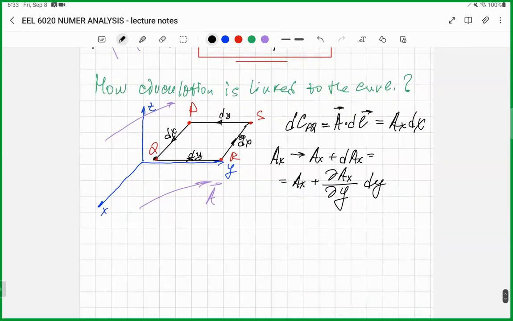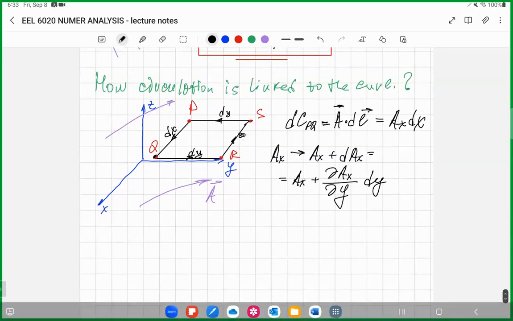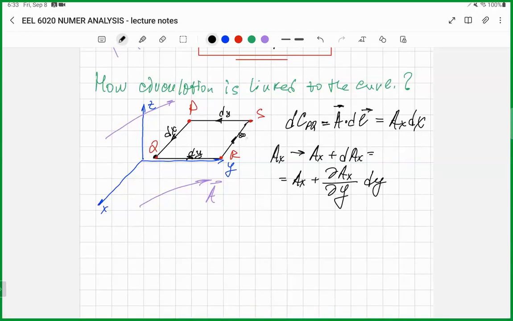Also I notice that dl, which is again dx, for this path RS is directed in the opposite direction of axis x. So it comes with a negative sign.